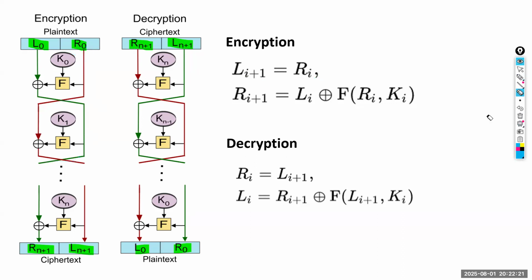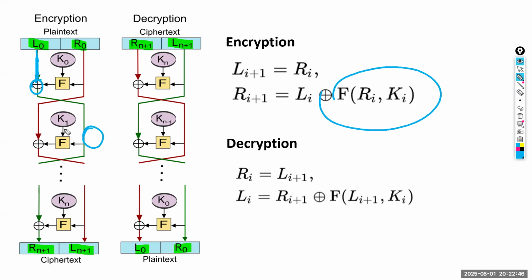But what about the right i plus 1? That is this one. Right i plus 1 is left i XOR with the output after encrypting the right i with the key. For the first one, it is R0 and K0.